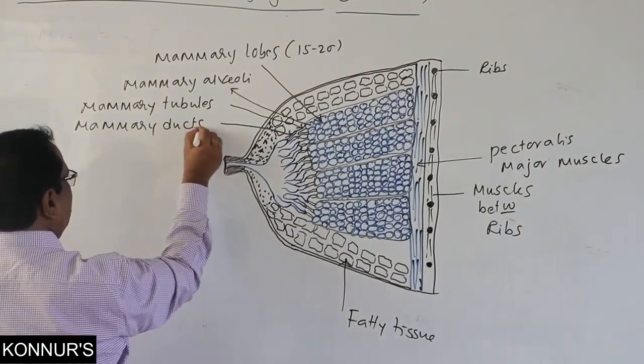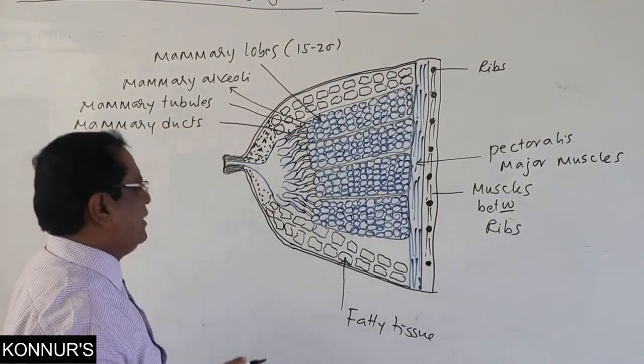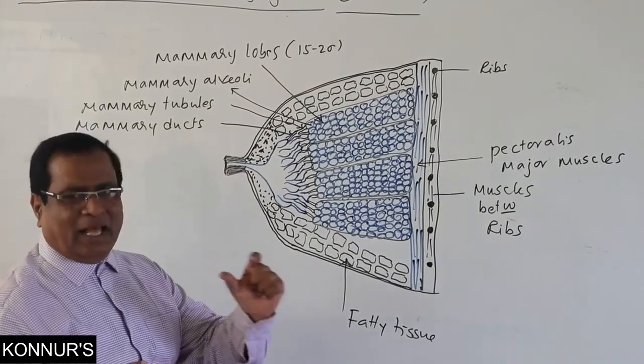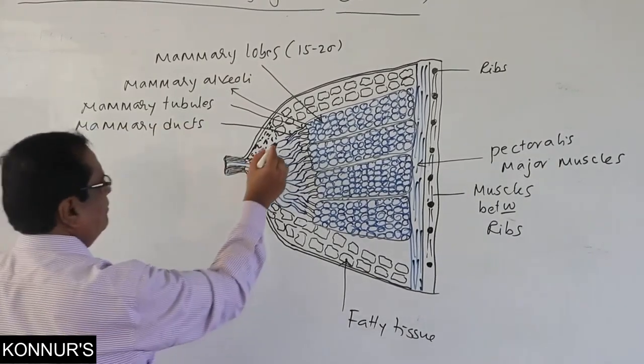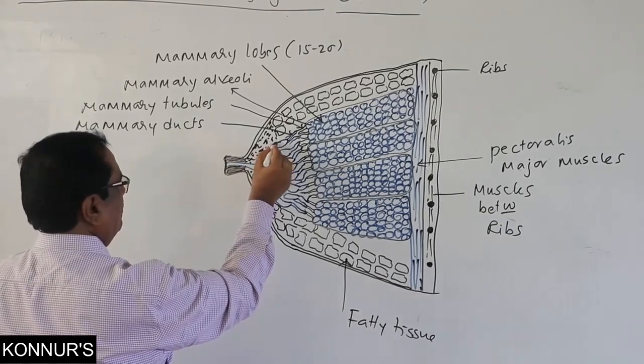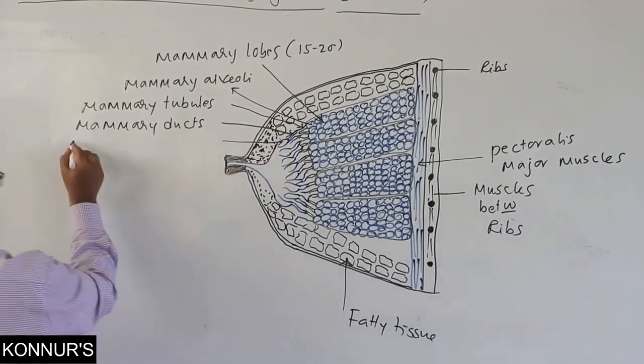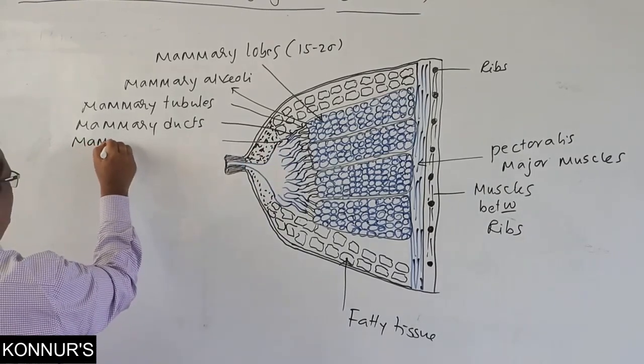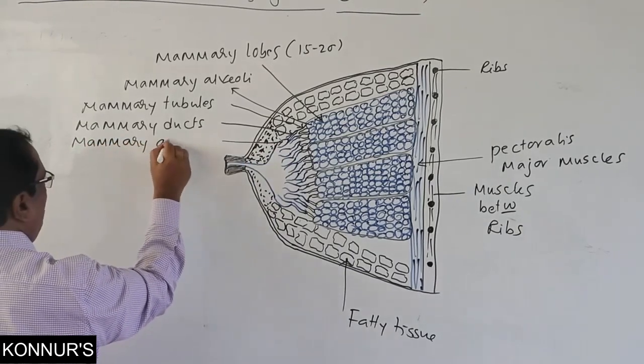These mammary ducts get enlarged and become mammary ampulla.